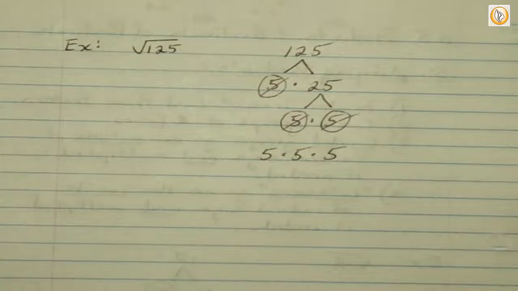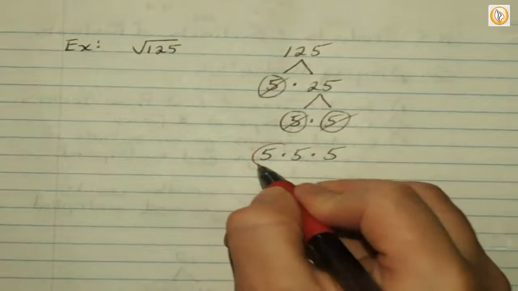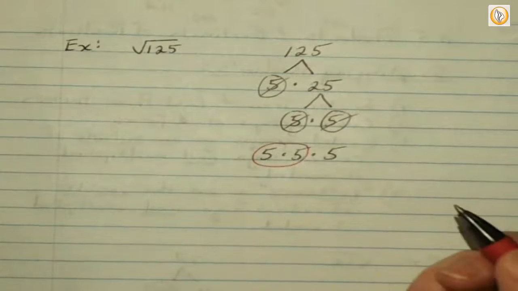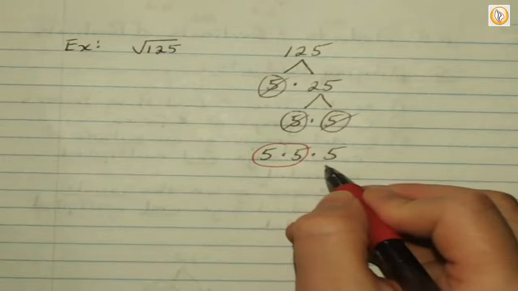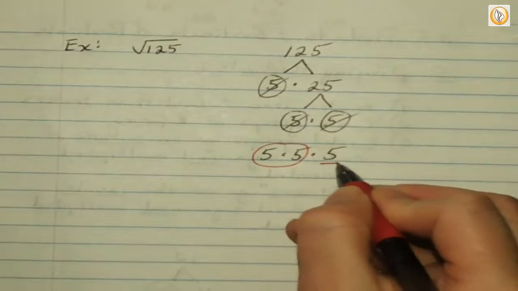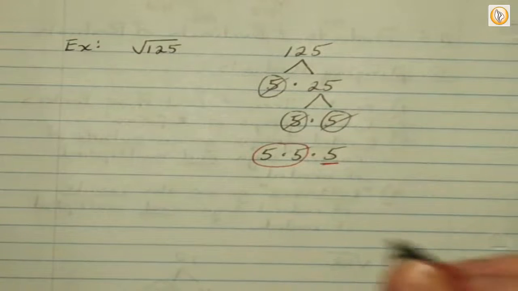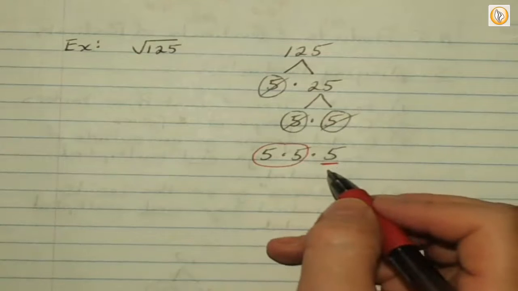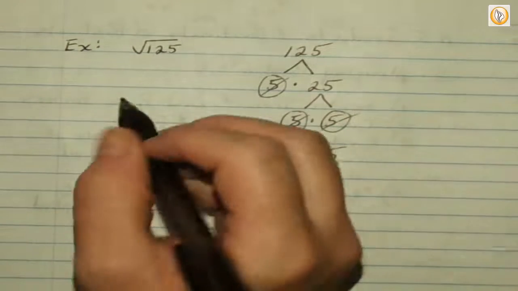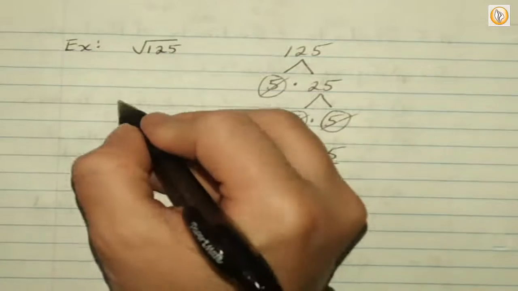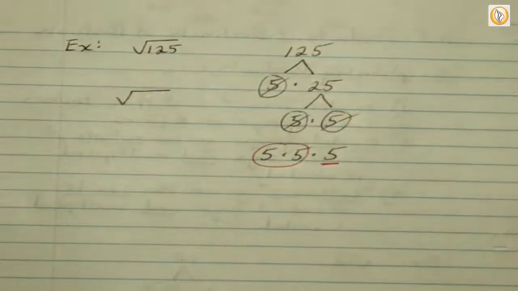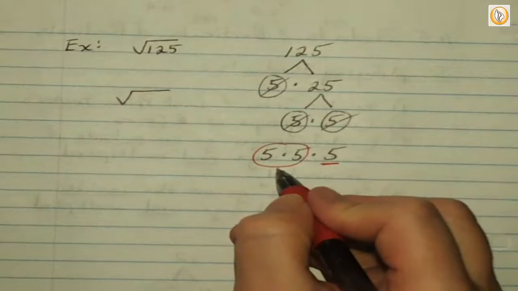Step 3, pairs. Circle my pairs. I only have 1 pair. And this is called the leftover. Here's my radical sign. The circled pair goes where?